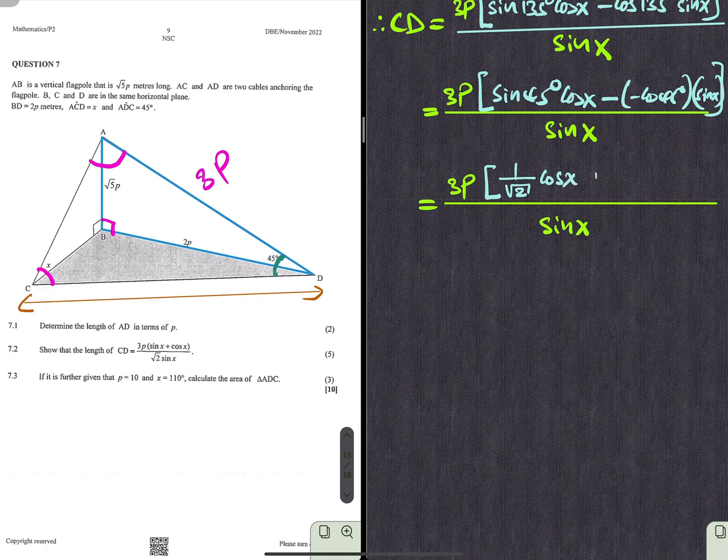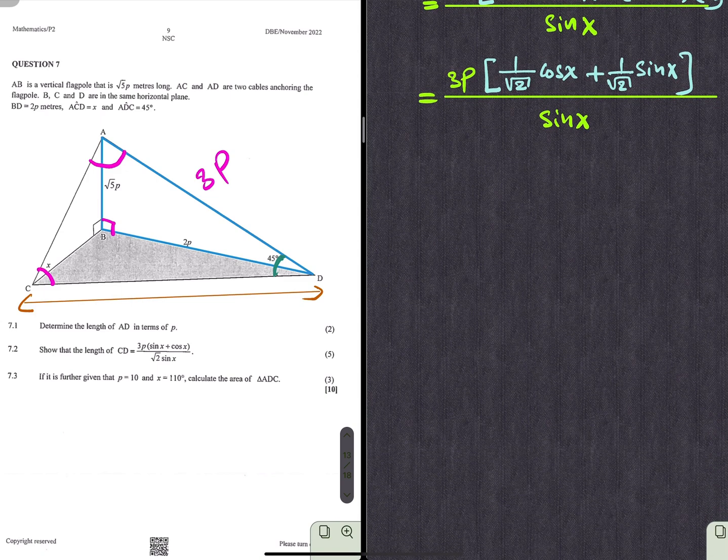Cos x, and then a positive, this is going to be positive because of those signs. So what do you get there? You get a positive, you get the same stuff. Cos of 45 and sine of 45 is the same thing. But here you're going to write 1 over root 2. And then a sine of x there.